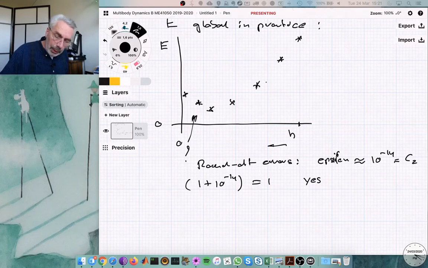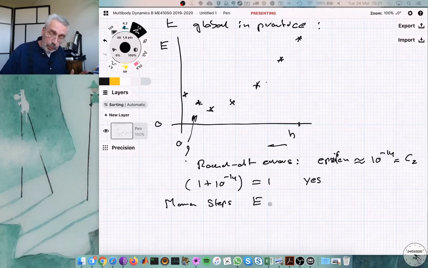So if you take many steps, what will happen? The global error for this epsilon is of course the number of steps you take times this C2. And how many steps do you take? You take the end time divided by your step size, times C2.